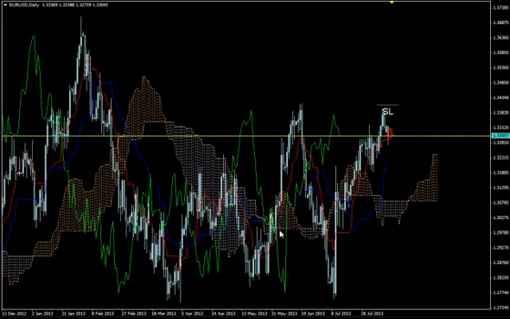You see that the main formation of the Kumo is horizontal here in this zone, and on the previous similar position of the pair, we see how the plateau attracted the price. It may not happen to this degree again. Everything is possible, but it's also extremely possible that it will happen again.